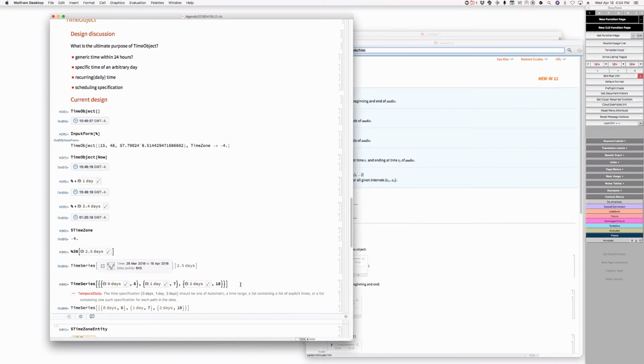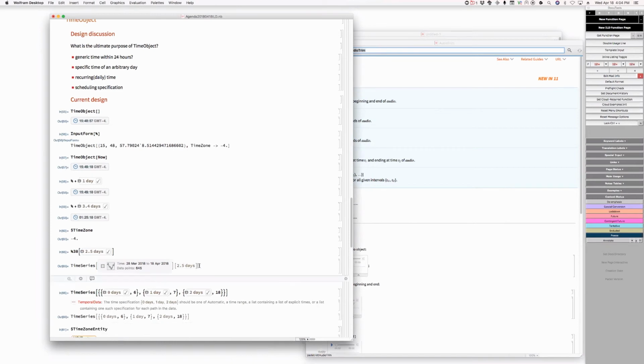Okay, all right, but let's assume we do that. Then I claim the consistent thing to do is that it means give me the value 2.5 days after the beginning of this time series. Well, if you had started at 2 seconds, then it would be 0.5 seconds after the beginning. Wait a minute.